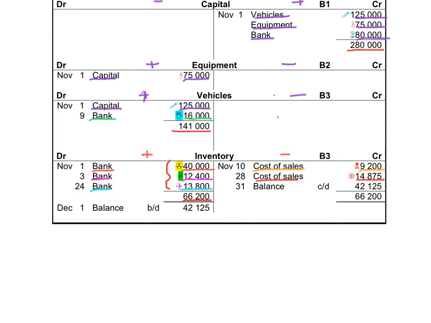Then we will subtract the amounts on the credit side, and we see that the difference between the debit side and the credit side is 42,125, and that is my balance that I will carry down to the next month.